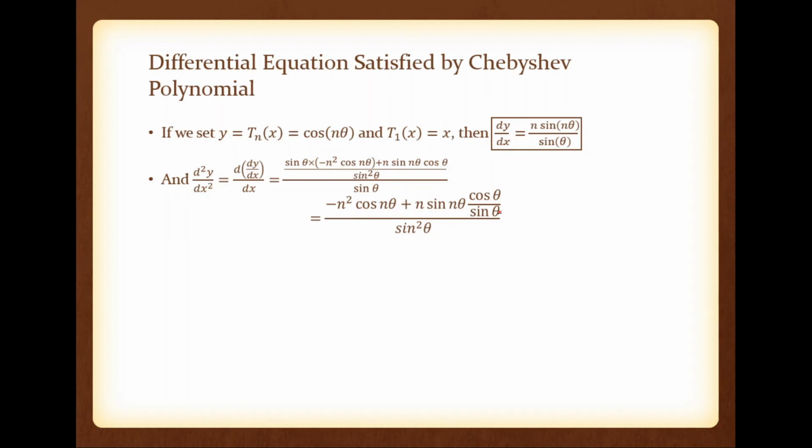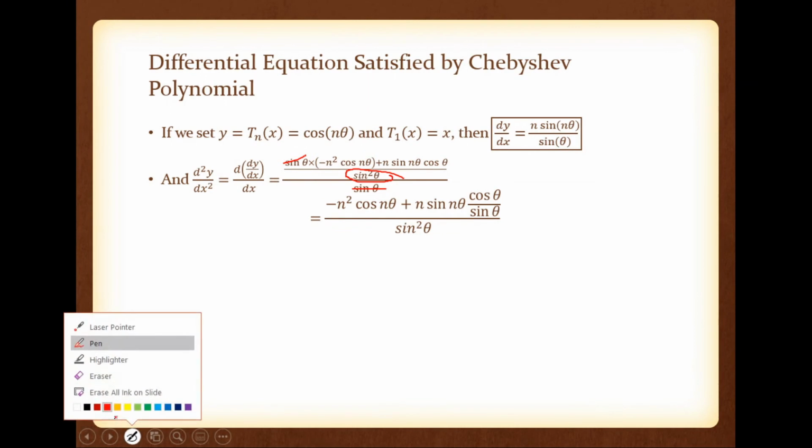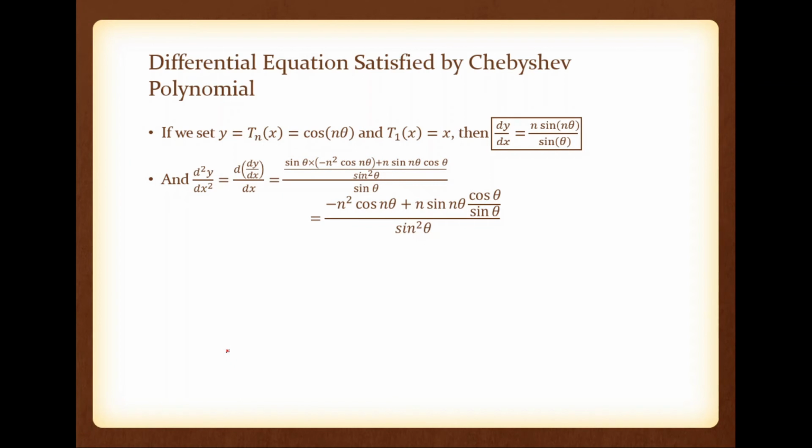So please note, these two are cancelled, and we get minus n square cos n theta plus n sin n theta cos theta divided by sin theta, all divided by sin square theta. Okay. So this is d square y by dx square.